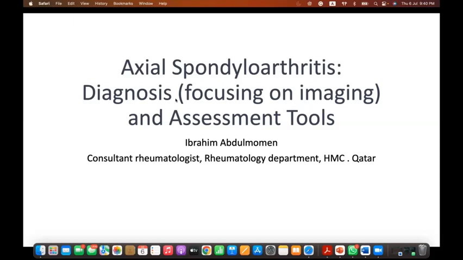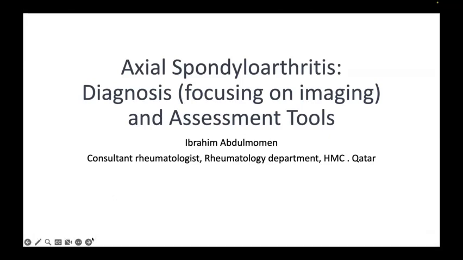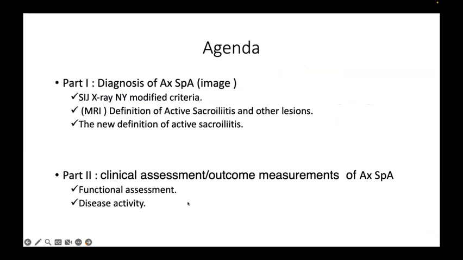It is very clinical, helpful in the daily clinical practice. We'll start, إن شاء الله. So this is my agenda. I will discuss 2 parts. Part 1 is the diagnosis of axial SpA, and it will go through the sacroiliac joint X-ray.